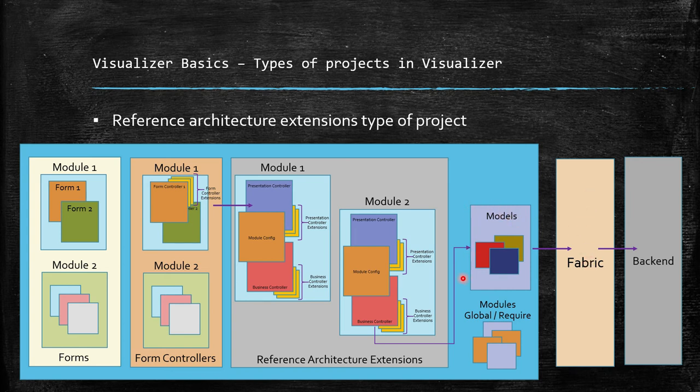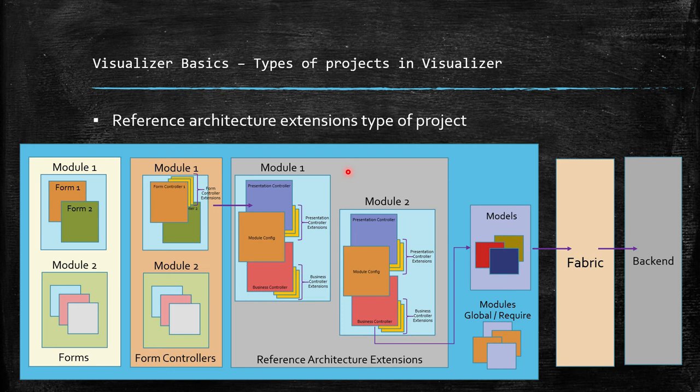So this models component is generated based on the object services that you have defined inside your Fabric layer. And the front end app, when it wants to communicate with the Fabric object services layer, it uses this models layer to communicate with the object services that you have defined as part of your Fabric layer.